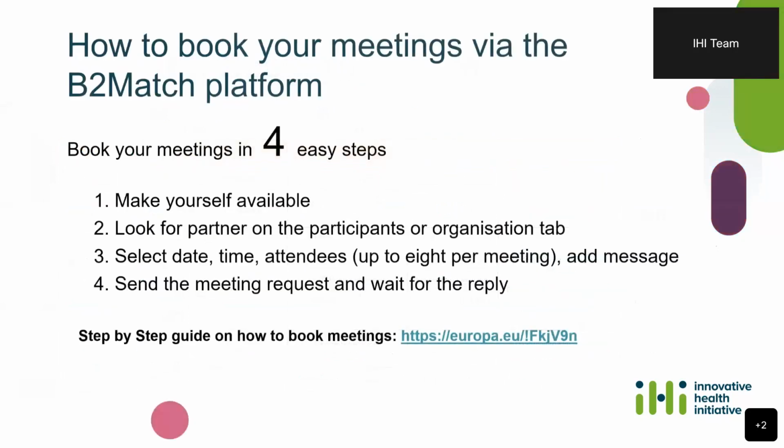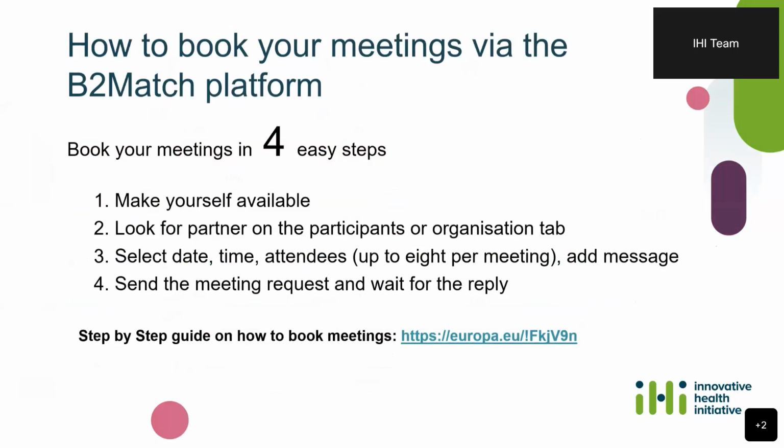Thank you, Sama, for your detailed and insightful presentation. Before going to the Q&A, let me remind you that if you want to book meetings via the platform, you can do it in 4 easy steps. First of all, go to your profile and make yourself available. Then look for partners on the participants or the organization tab. Select the time, day, date, and attendees.